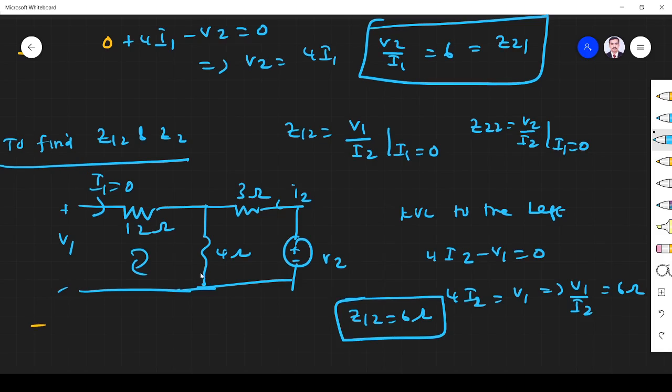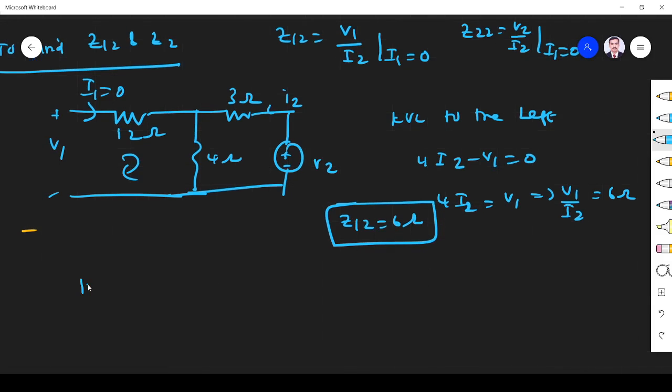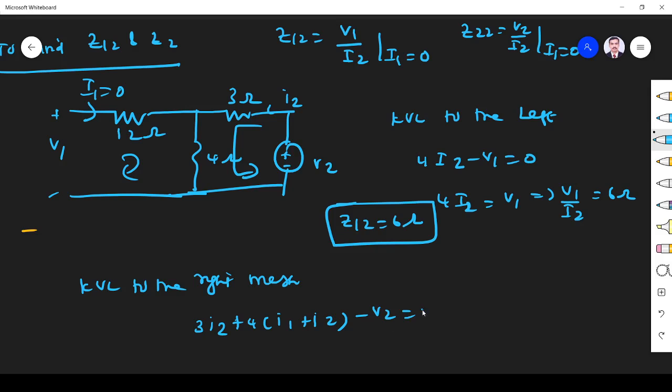Next, KVL to the right mesh. Here, 3 I2 plus 4 times I1 plus I2, minus V2 is equal to 0. This is the minus terminal meeting. So 3 plus 4, 7 I2, plus 4 I1.